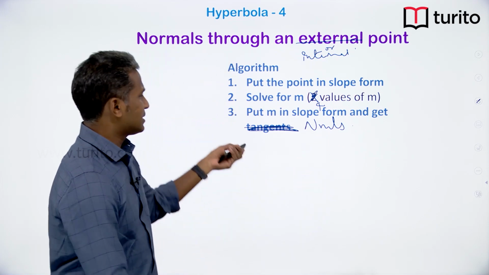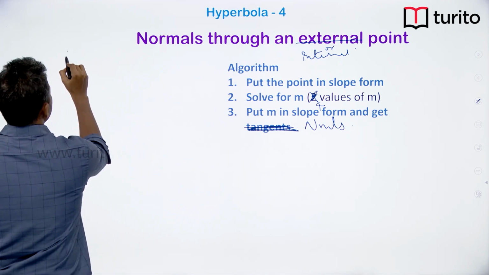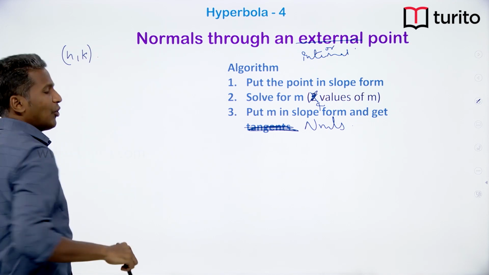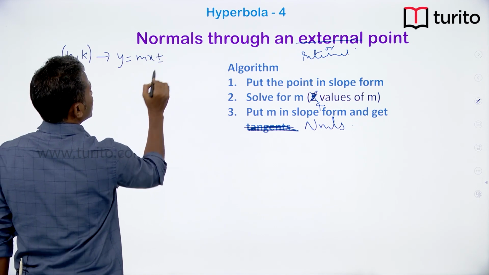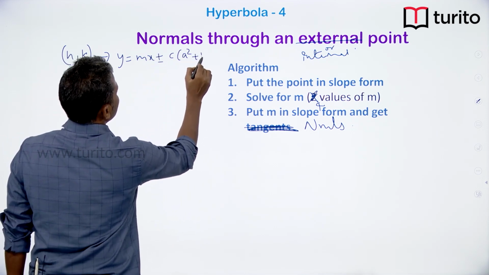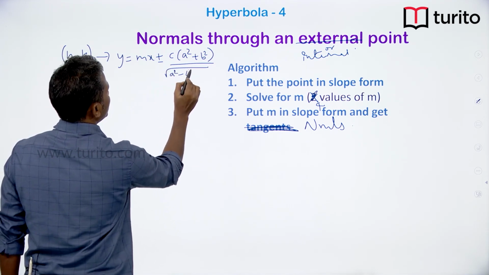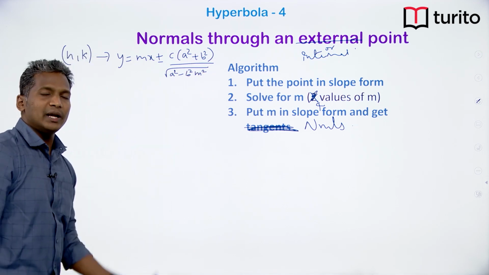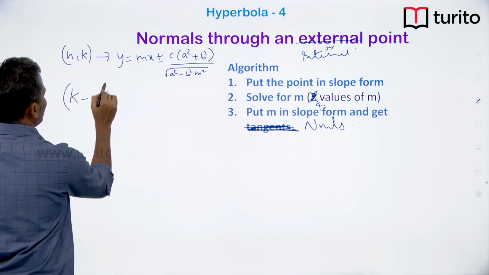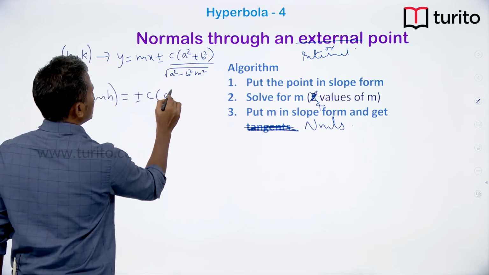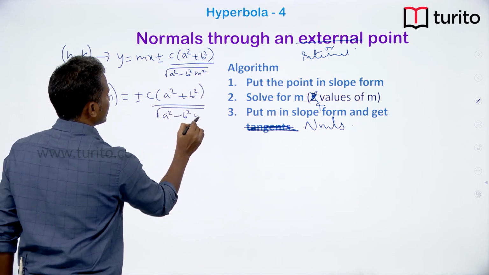Let us just observe it. If the point is, let us say, (h, k), here the point is constant. I have to put that in y equal to mx plus minus m into (a square plus b square) divided by root of (a square minus b square into m square). Now when I put it, what happens here? So I get k minus mh equal to plus minus m into (a square plus b square) by root of (a square minus b square m square).